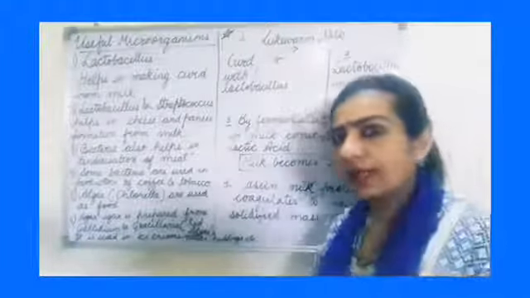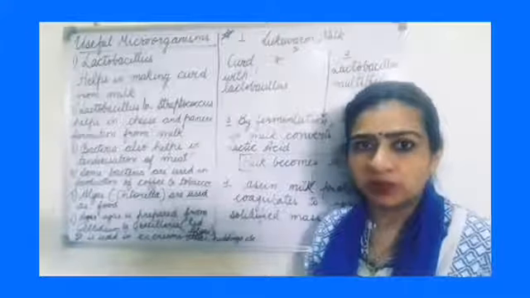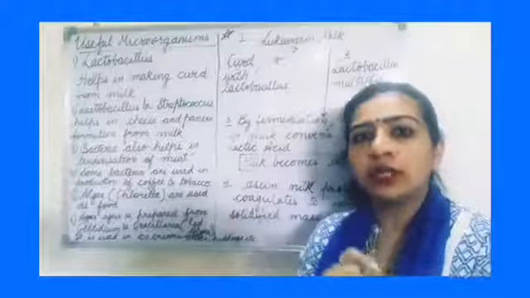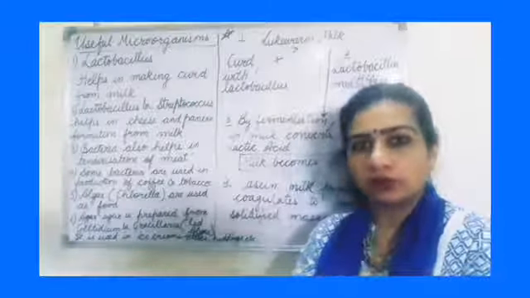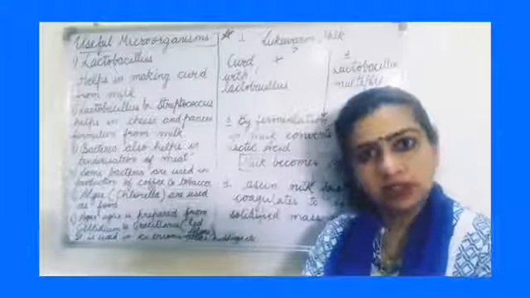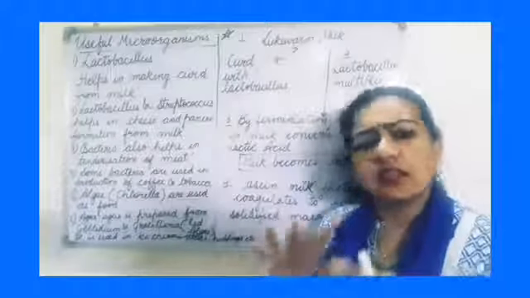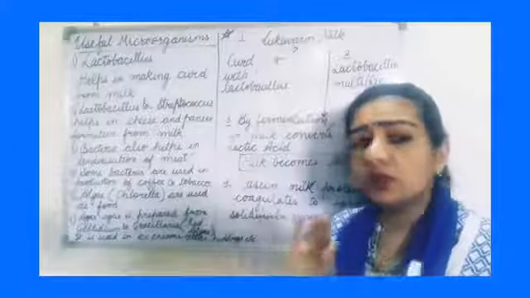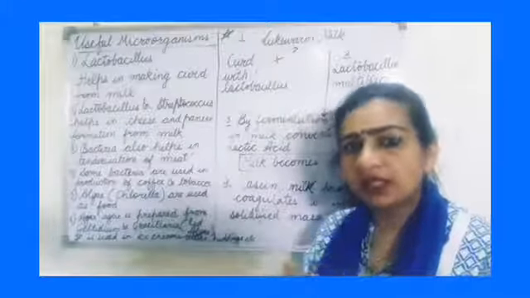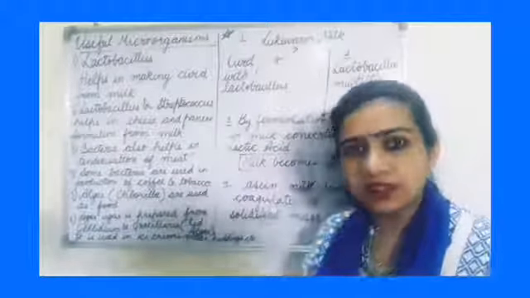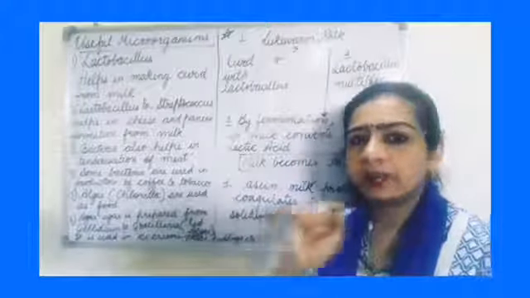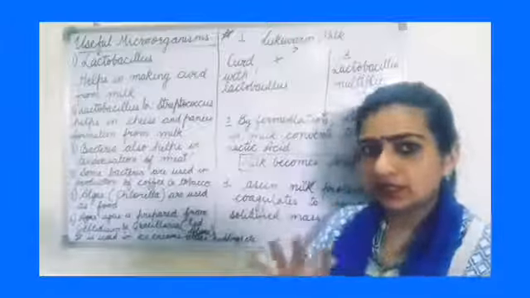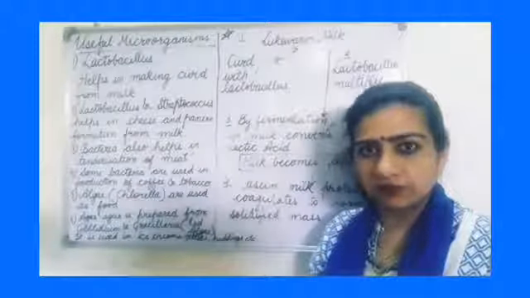Actually, you must have realized or heard from your mother that curd formation takes place only when the milk is lukewarm. Actually, lactobacillus is inactive in cold milk. That means it is not able to multiply, it is not able to reproduce at a cold temperature. So, how does it happen? Let us have a brief recapitulation of all this.